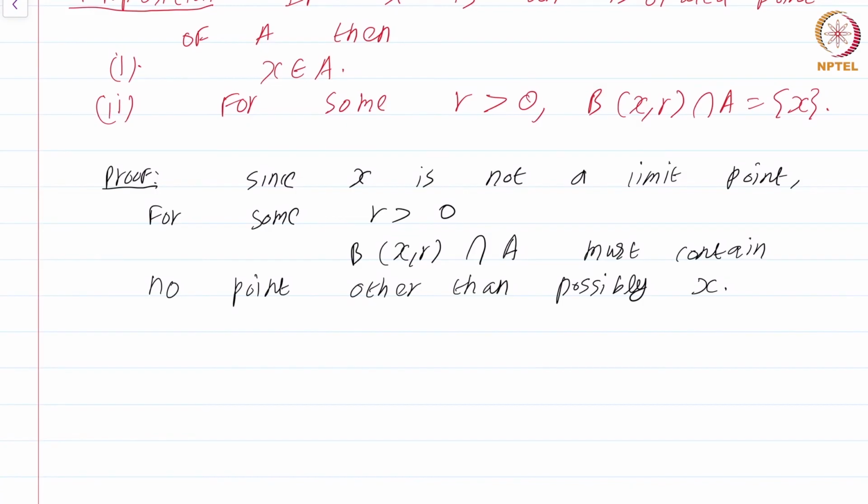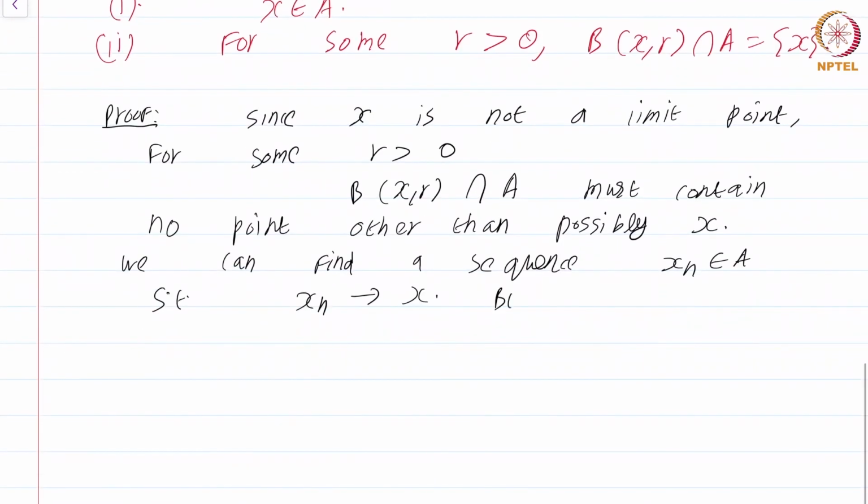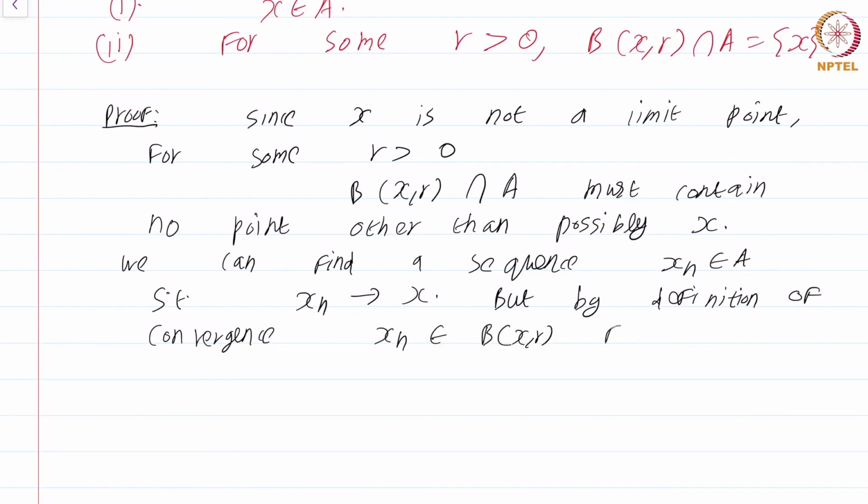Okay, now we can find a sequence x_n in A such that x_n converges to x. Okay, but by definition of convergence, x_n is in B(x, r) for large n.